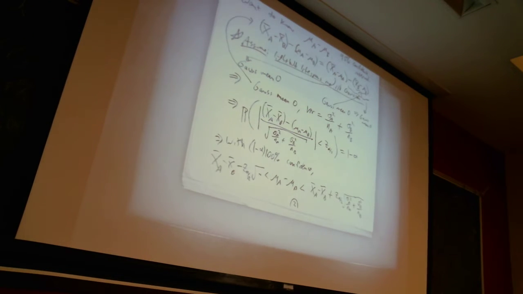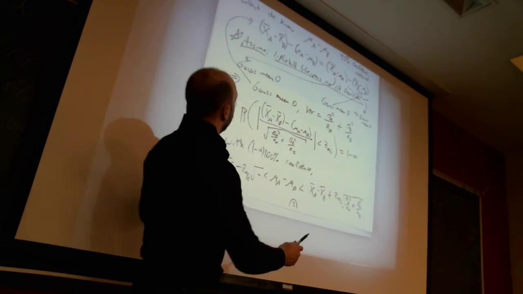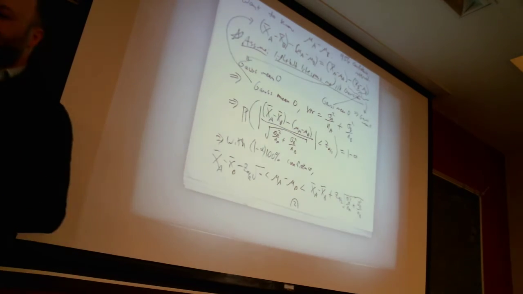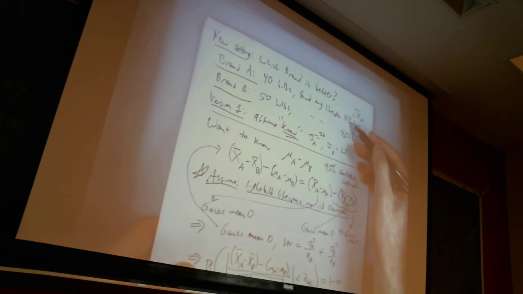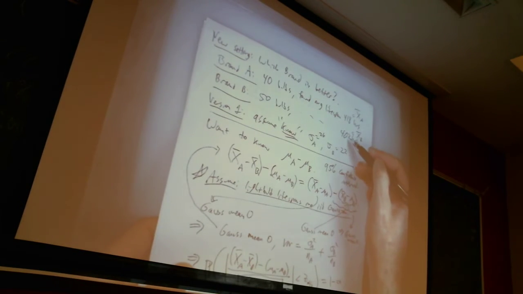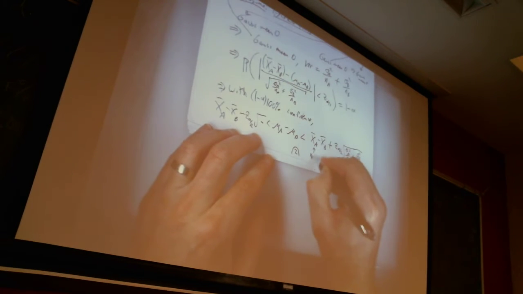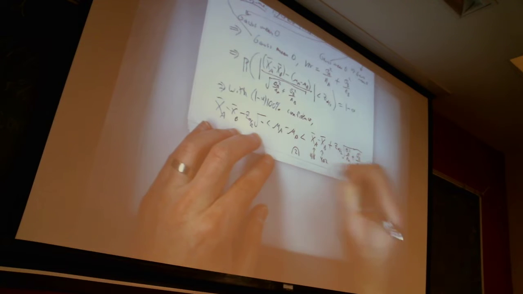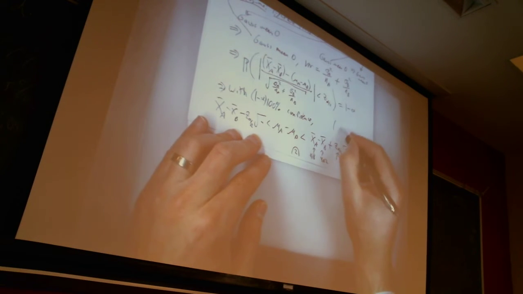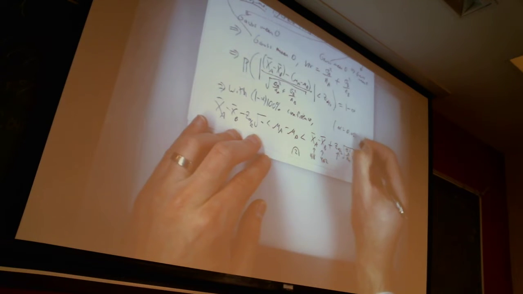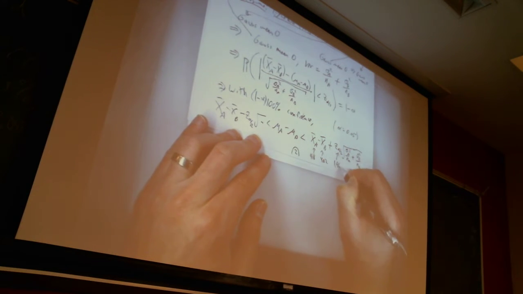That's the interval. Now we have all the numbers we need. X bar a is, do you remember what x bar a was? 418. X bar b is 402. So I'm going to put here 418, 402. Let's say we want 95%. So let's set alpha equal to 0.05. Z is 1.96.